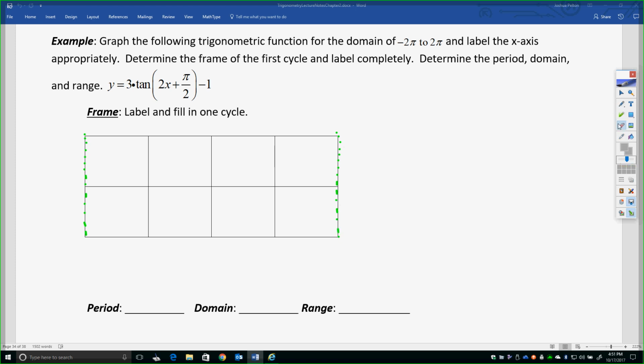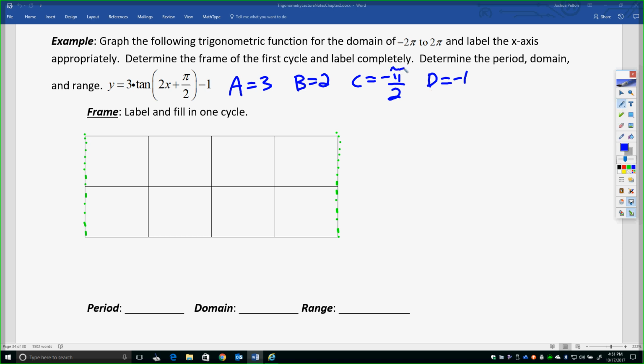Let's write out our values here. A is 3, B is 2, C is negative pi over 2, and D is negative 1.